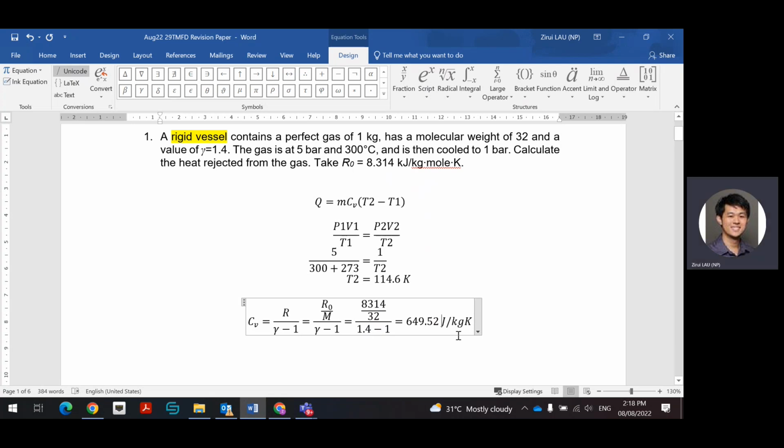This one is in joule because just now for R naught I already used 8314. I didn't use 8.314, which is in kilojoule. Since I use 8314, the output will be joules per kg Kelvin. So with that, we have everything and we are ready.